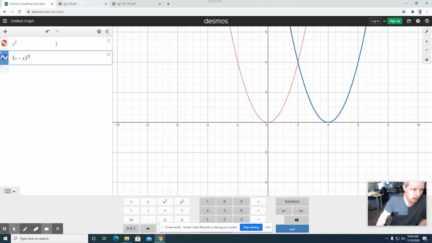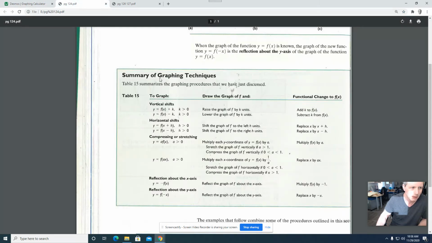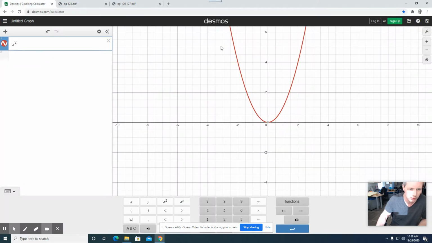Okay, what if I want to move my function to the left? It says here h units, so I add x plus h. I replace my x in my original function with x plus h. Here's my original function, y is equal to x squared.